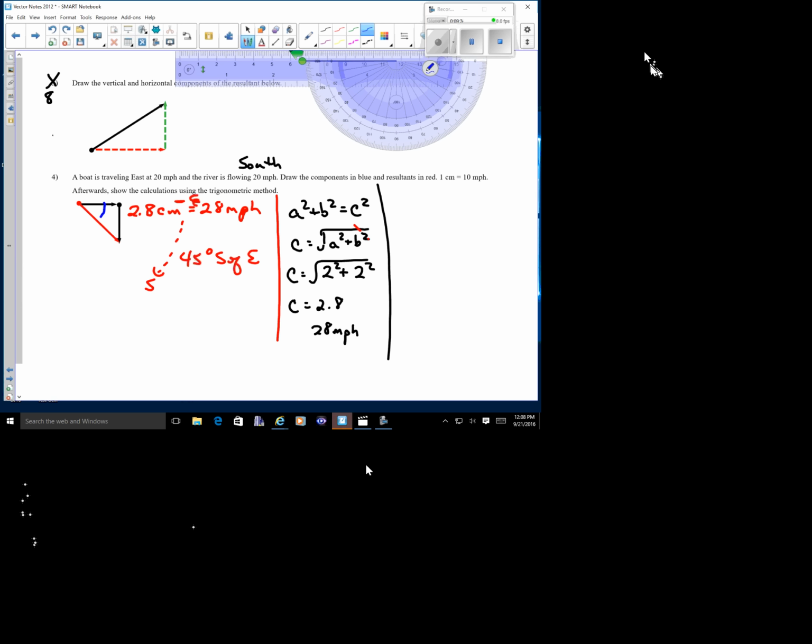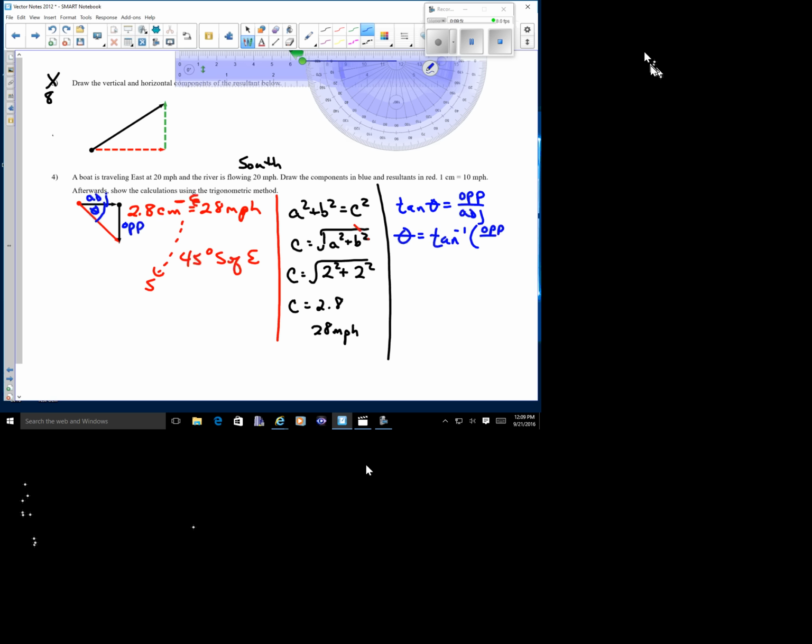So if you just want the angle, you're going to take the inverse tan of opposite over adjacent. And so I'm going to then put in both the numbers. Well, the opposite side was 2, and the adjacent side was 2, and the inverse tan of 1, 2 divided by 2 is 1, ends up being 45 degrees.